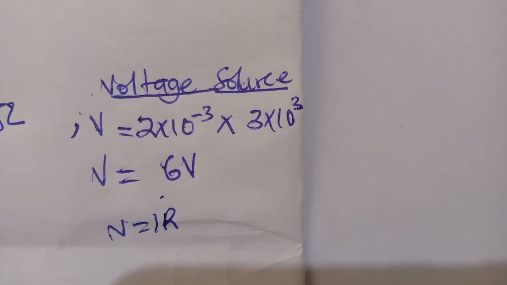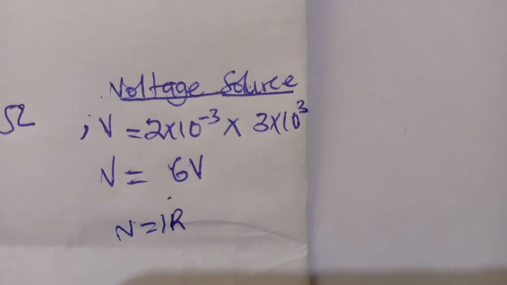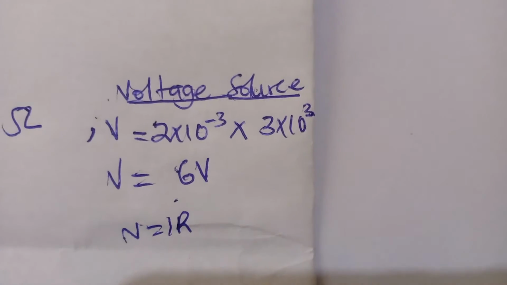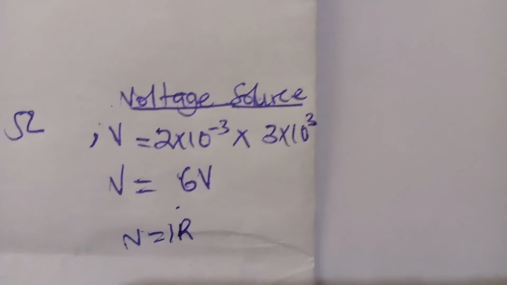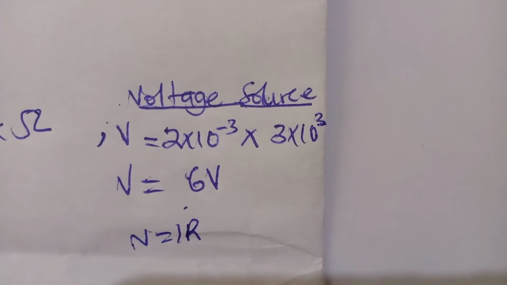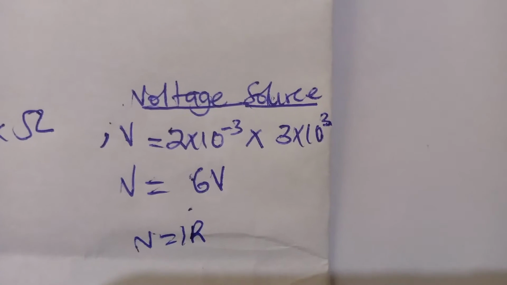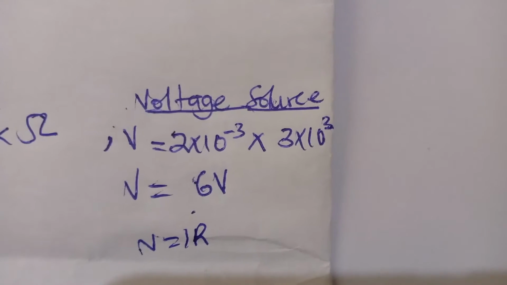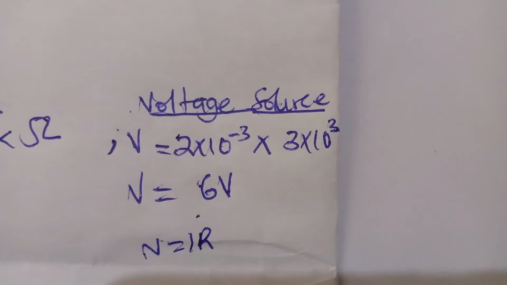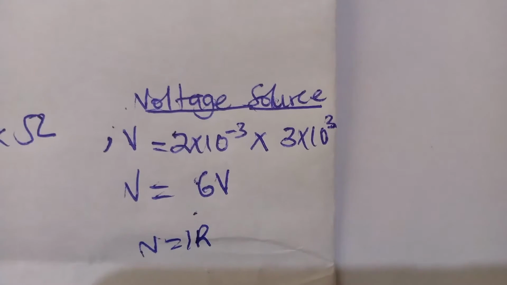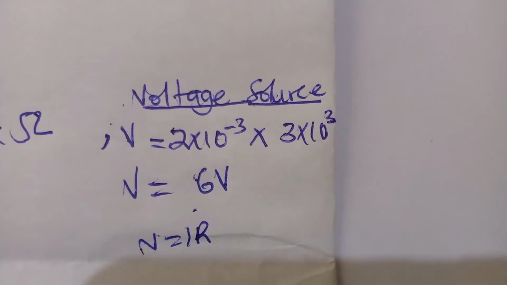From V equals IR, we now determine the voltage across the 3 kilo ohm resistor: the current going through it, 2 milliamps, times 3 kilo ohms, which gives us 6 volts.